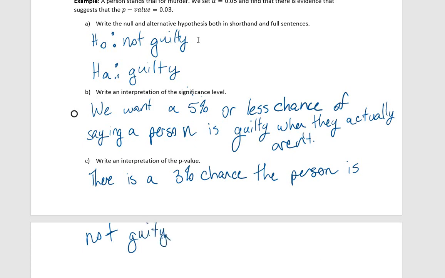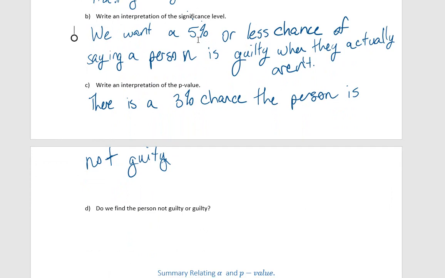So let's think about this. We wanted to set this experiment up so that there was only a 5% chance or less that we mistakenly say that a person is guilty when they actually aren't. Now, here's the deal, there's only a 3% chance that this person is not guilty.